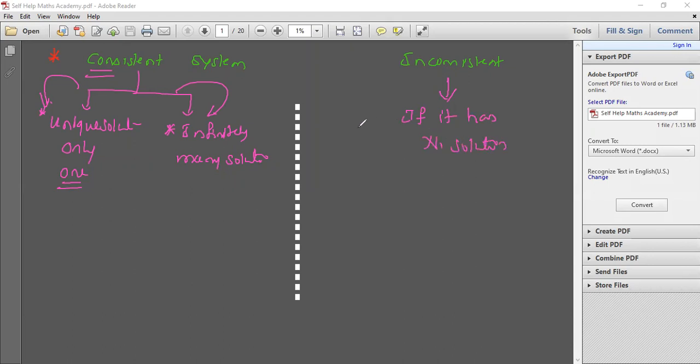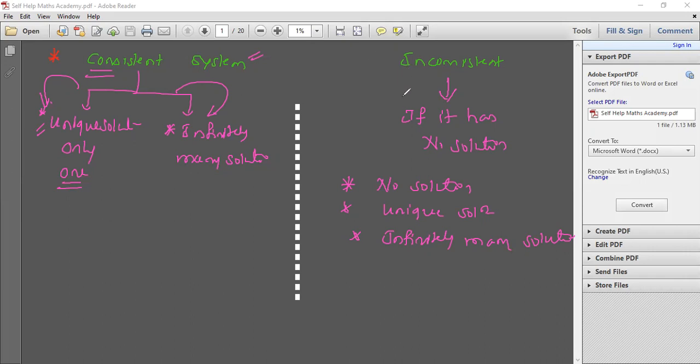Basically, if we look at these two types, a linear system can have three possibilities. It may have no solution, or it may have a unique solution, or it may have infinitely many solutions. So a system is said to be consistent if it has a unique solution or only one solution, or infinitely many solutions.